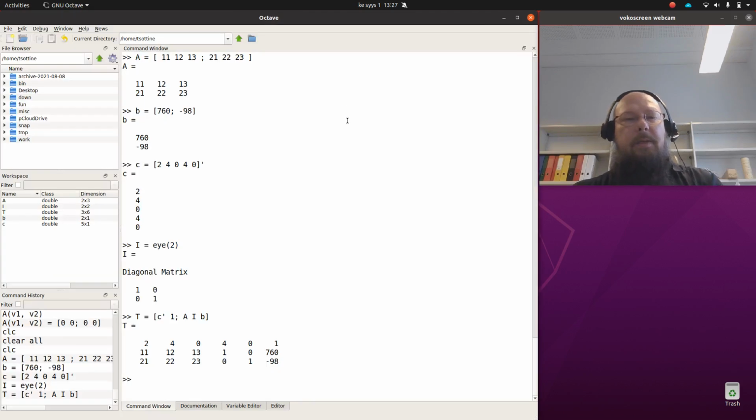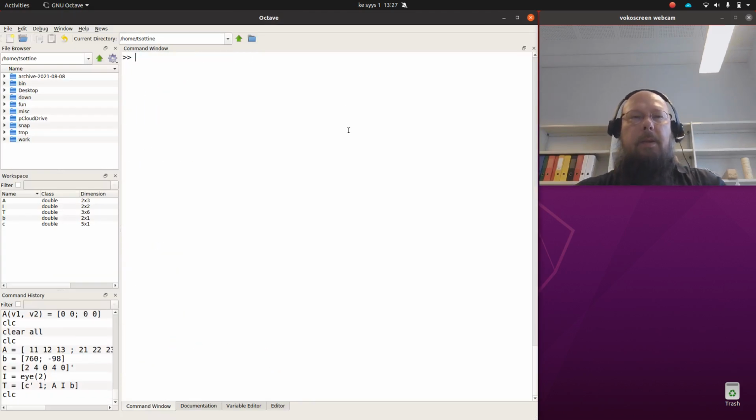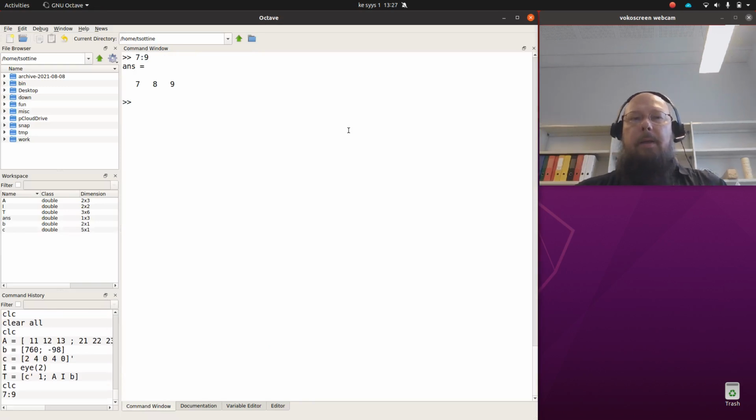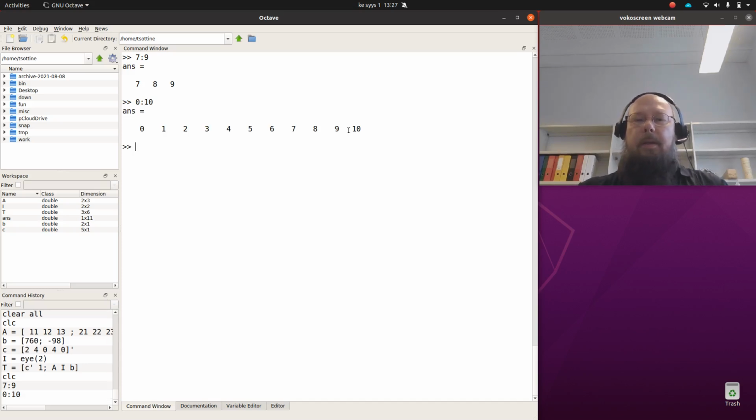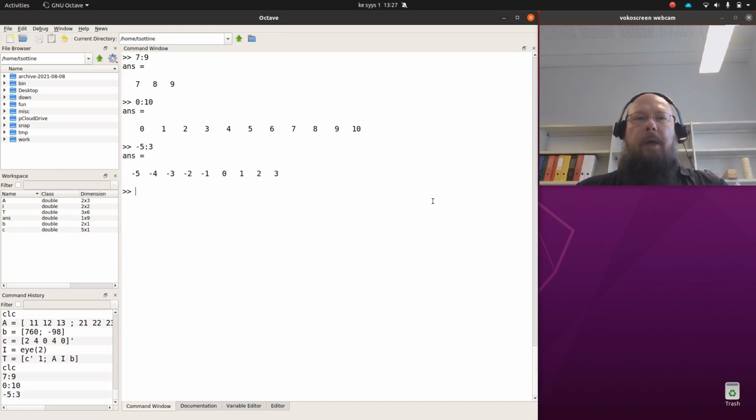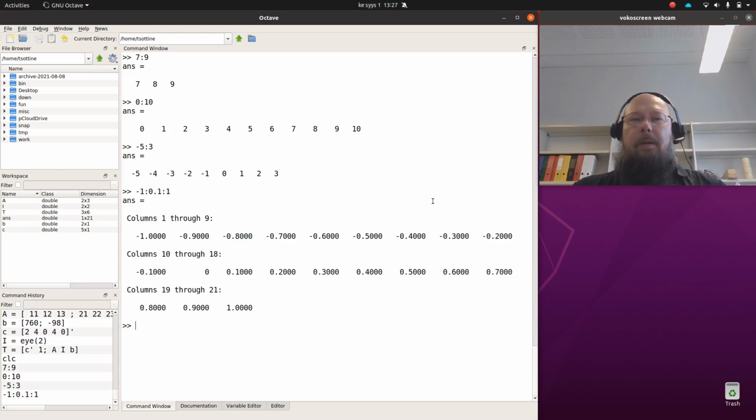For example, 2 colon 5 is this kind of vector. Let us play around with this a little bit. 7 colon 9 is like this. 0 colon 10 is like this. Minus 5 colon 3 is like this. So you probably understand how this works. There is a more complicated version of this also. I could put minus 1.1 like this.